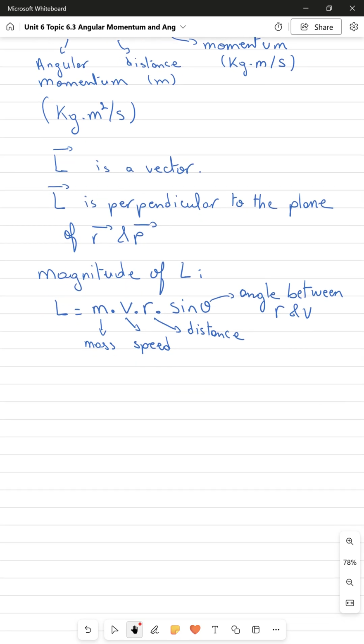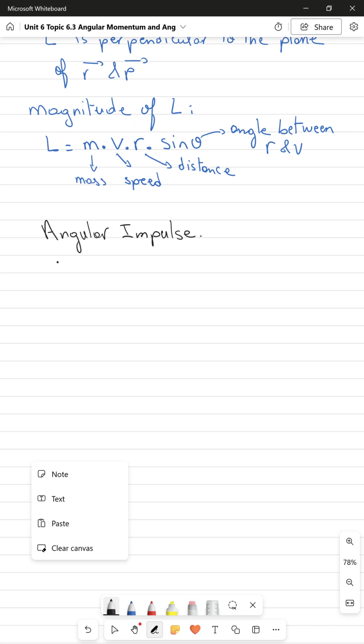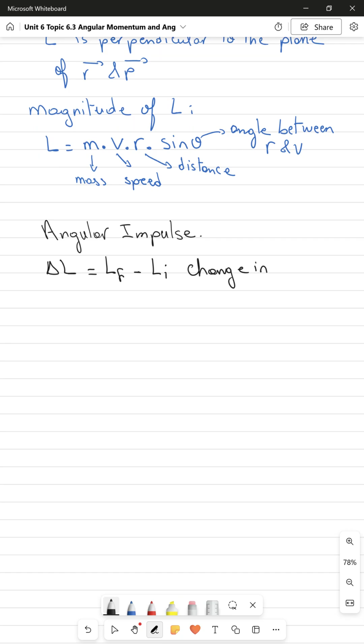Now, the second part is about angular impulse. As we know, delta L is going to be L final minus L initial, which is the change in angular momentum.